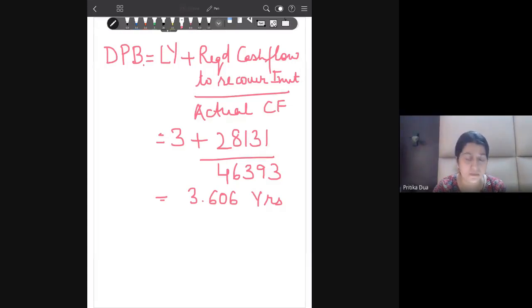Please solve for machine B also, so we can make the choice between both the machines. And if there's any doubt, anyone, please ask.